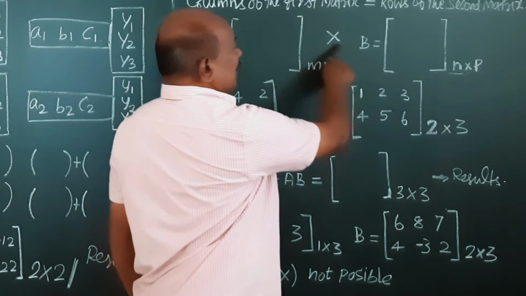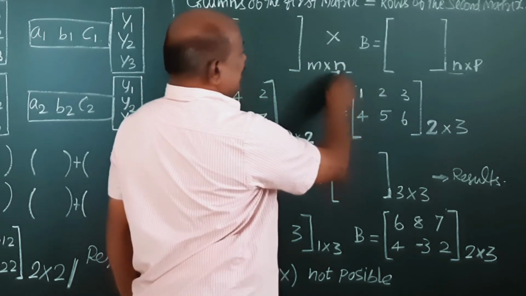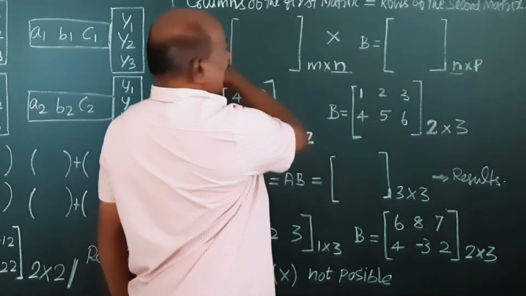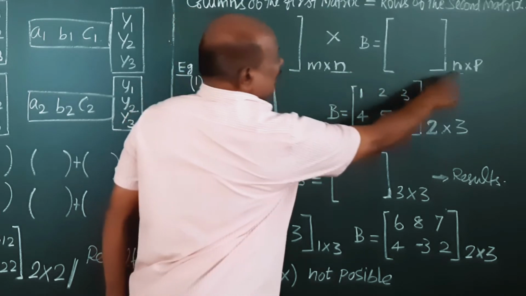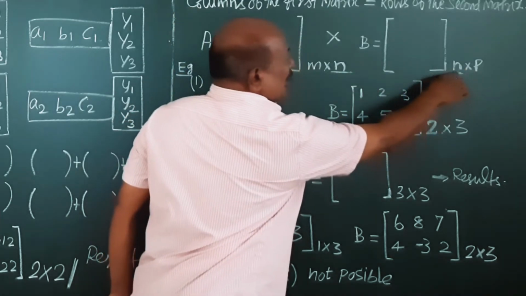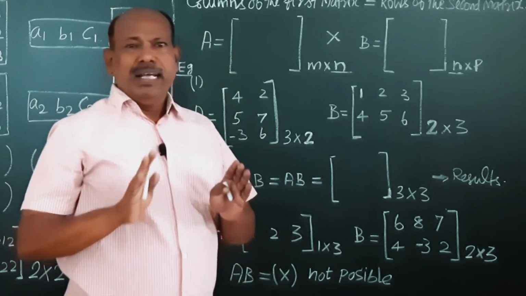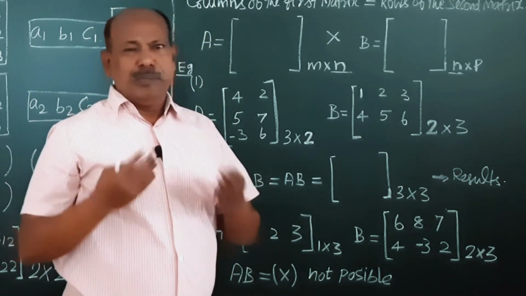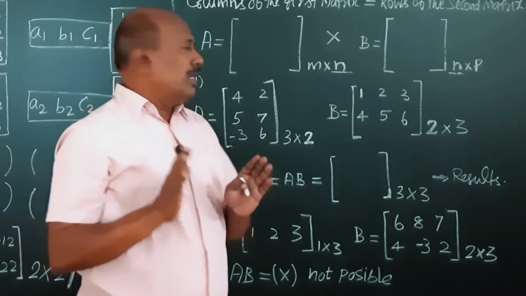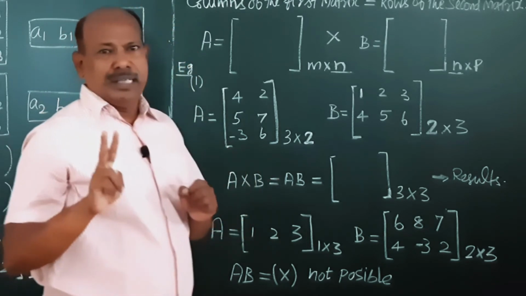A multiplied with B is possible, because the column of the A matrix is equal to the row of the B matrix. Now we have to multiply A matrix and B matrix. I am going to give two examples.